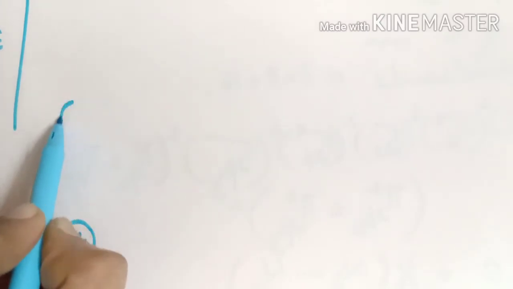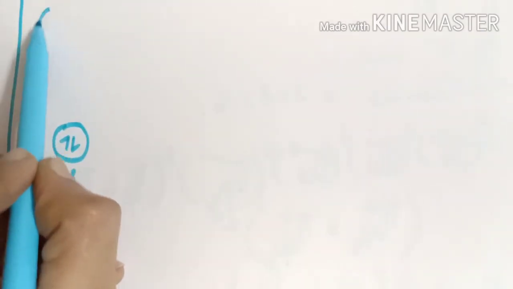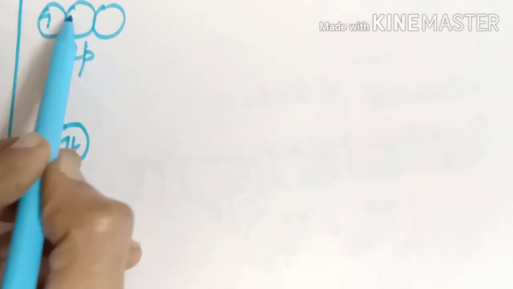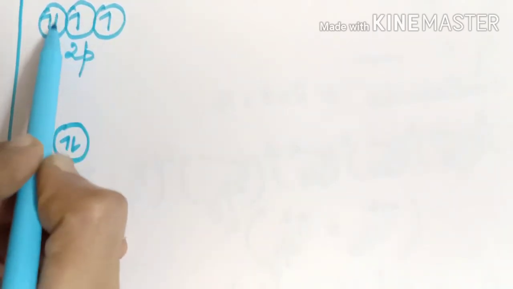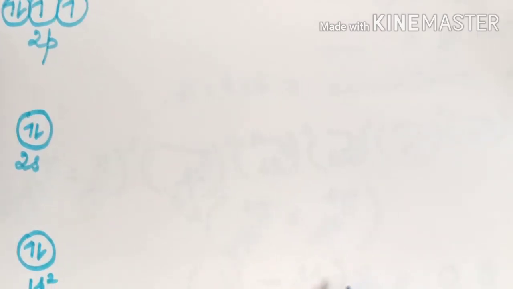So you have the energy written and it is moving in the upward direction, and then we have the configuration of the first oxygen atom as 1s2, 2s2, 2p4. 1, 2, 3, 4. So a total of 8 electrons are arranged. Now the next oxygen atom also has a similar configuration.